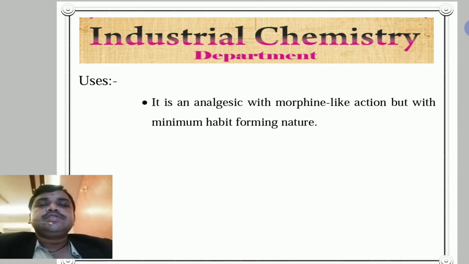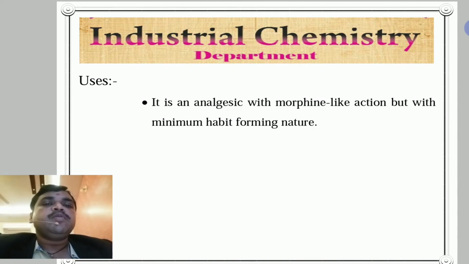In the last two lectures, lecture number 3 and 4, we completed our second group, antipyretic and analgesic drugs. In two lectures, we synthesized antipyrine, aminopyrine, phenacetin, paracetamol, aspirin, Salol, and heptazone.